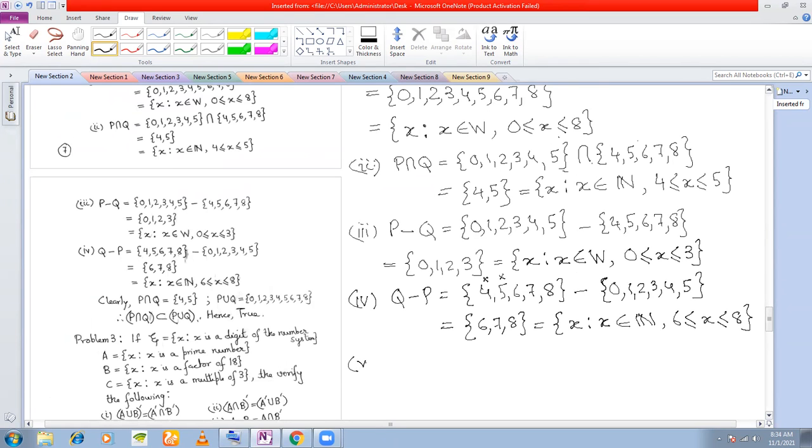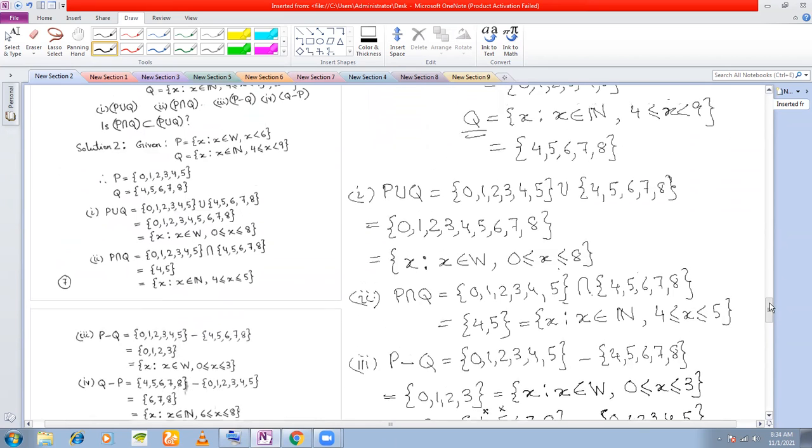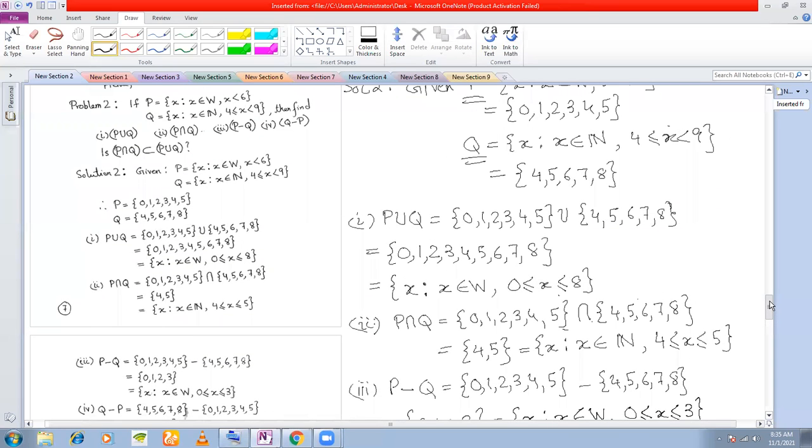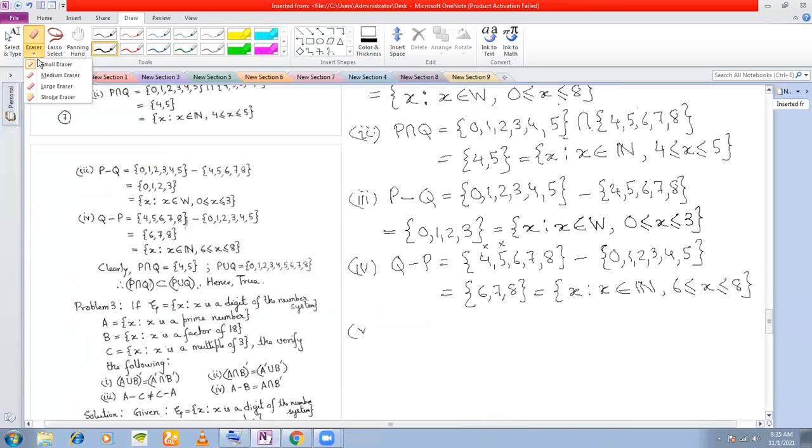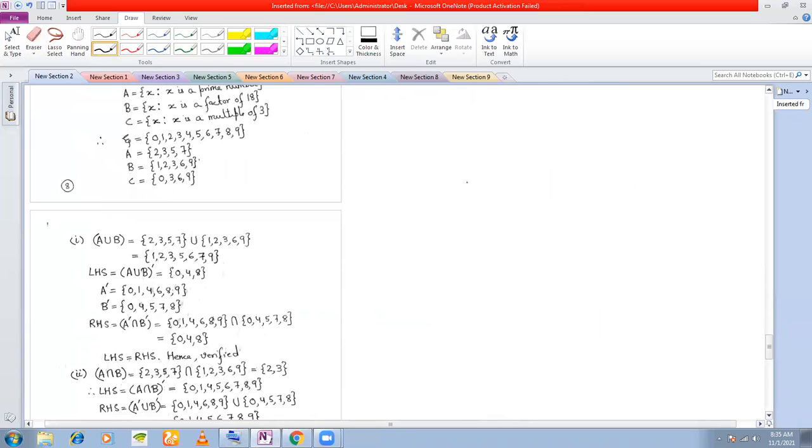Next question is number 5. If the answer comes 6, 8, and 2, then how will we write it in set builder form? You'll write x such that x is equal to, see that all numbers are even here, right? So x is equal to 2n. And what is n?